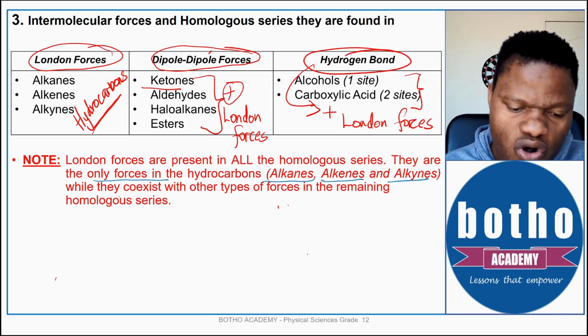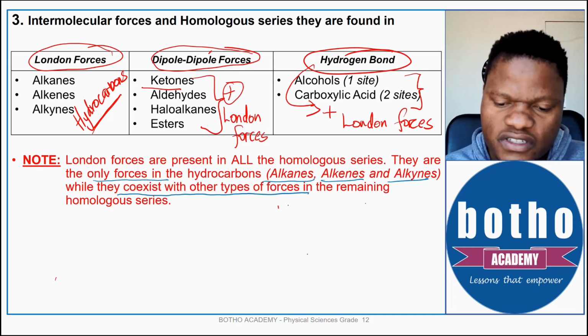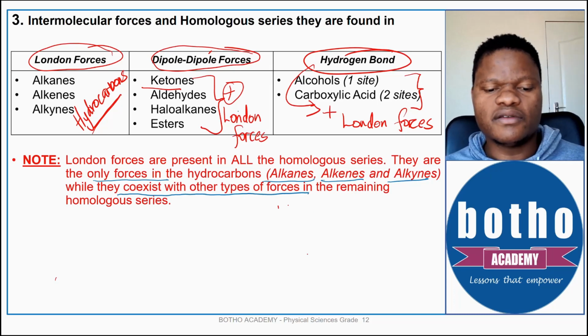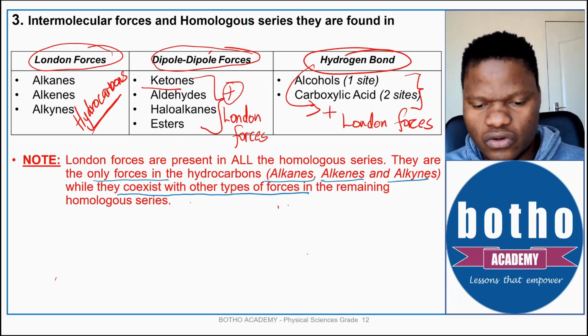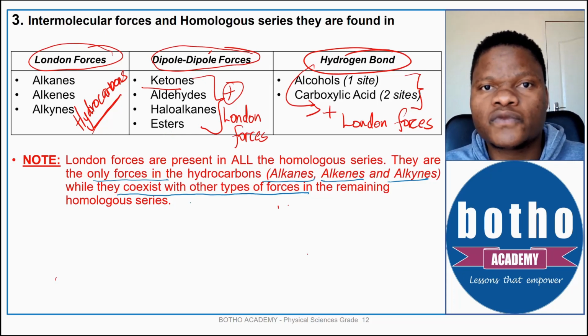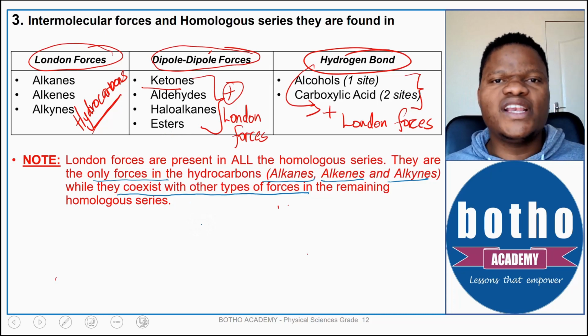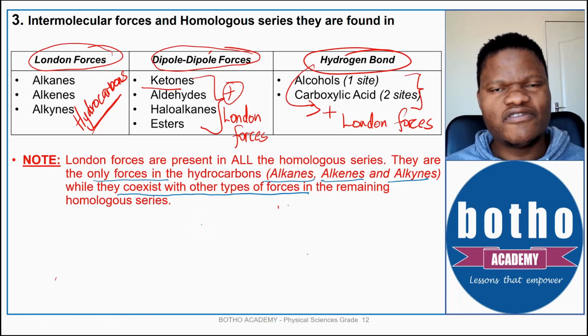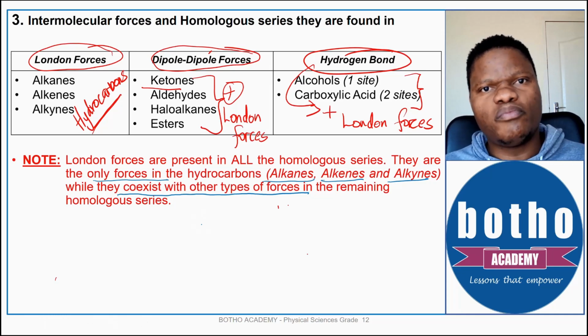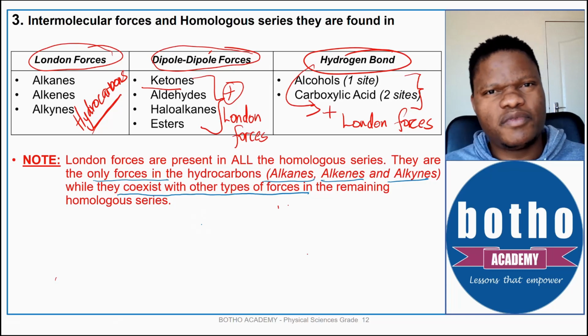However, they coexist with other types of forces in the other remaining homologous series, and that would be your column 2 on the table above. Now, why are we learning these intermolecular forces? Remember, this section is about the physical properties of organic molecules. Physical properties are your boiling point, melting point, and the vapor pressure.